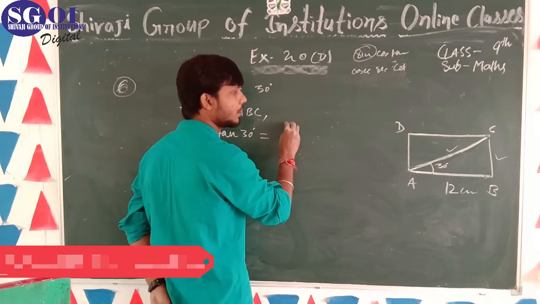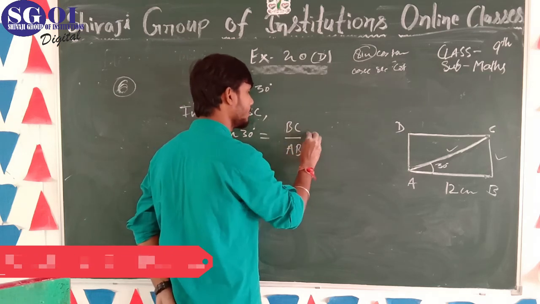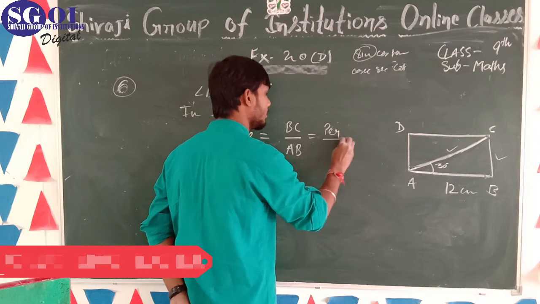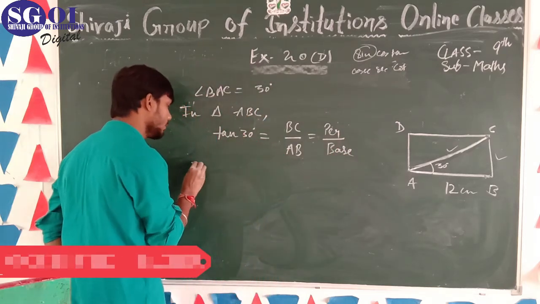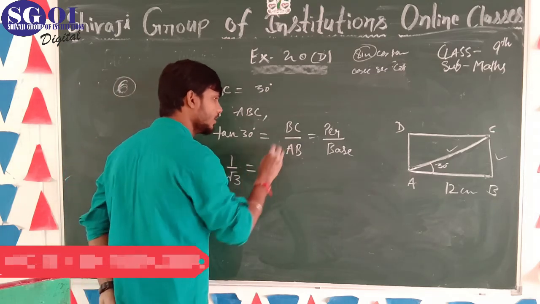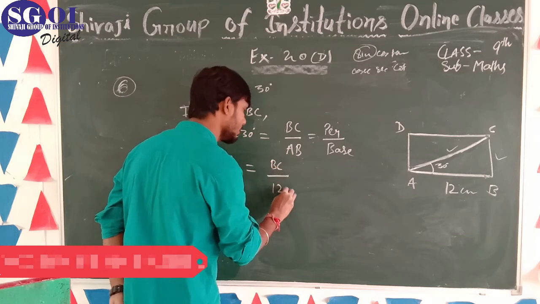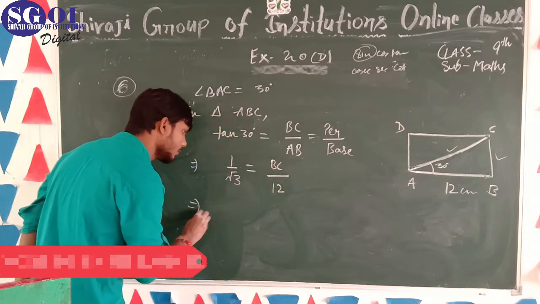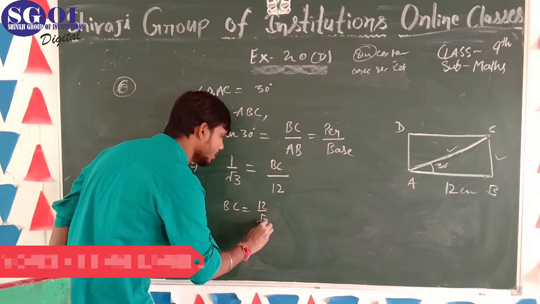The perpendicular is BC and the base is AB. Clear friends? The value of tan 30 is 1 by root 3, and AB is 12. So BC is equal to 12 by root 3.